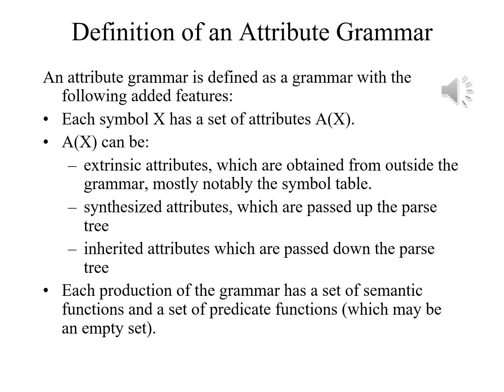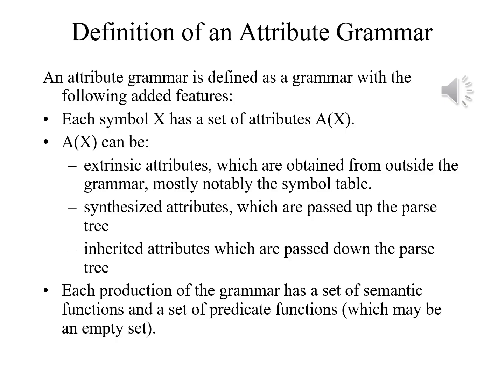An attribute grammar is defined as a grammar with the following added features. Each symbol x has a set of attributes, A(x). A(x) can be extrinsic attributes, which are obtained from outside the grammar, most commonly from the symbol table. Synthesized attributes, which are passed up the parse tree.